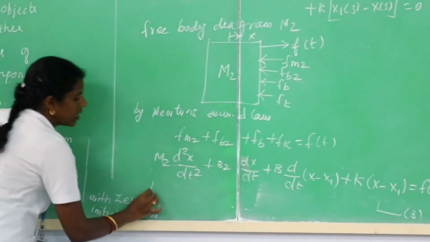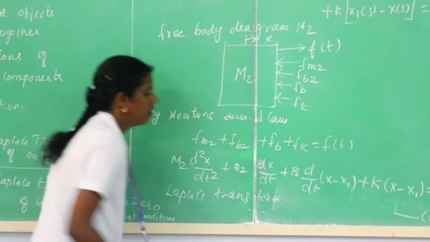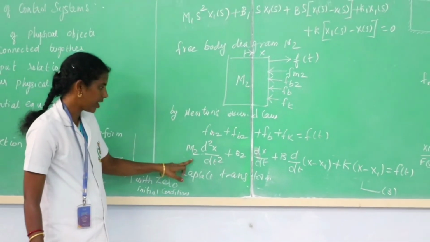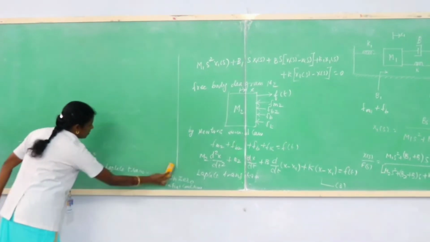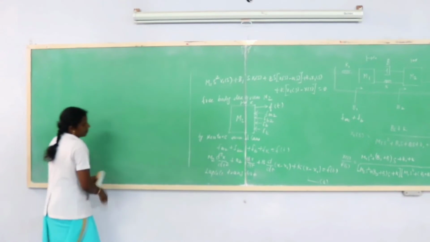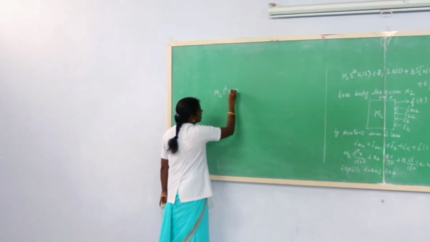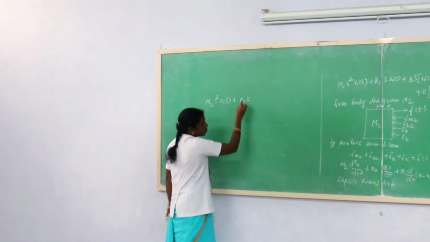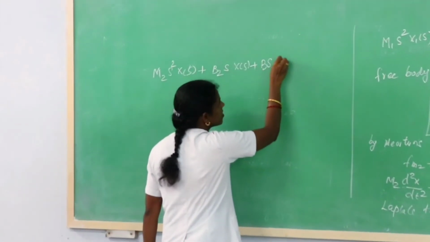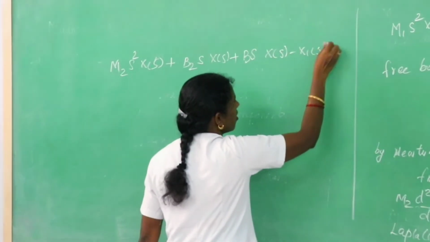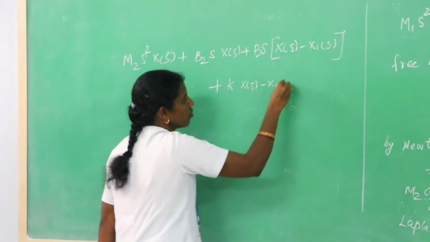Here also we are going to take the Laplace transform with 0 initial condition. If you take the Laplace transform, the equation becomes m2 s square X of s plus b2 s into X of s plus b into s into (X of s minus X1 of s) plus k into (X of s minus X1 of s).